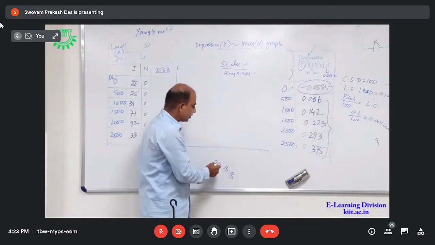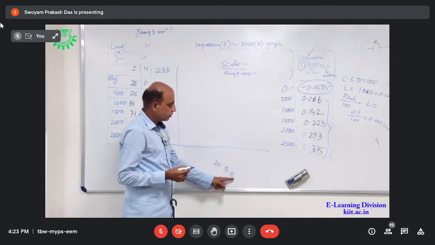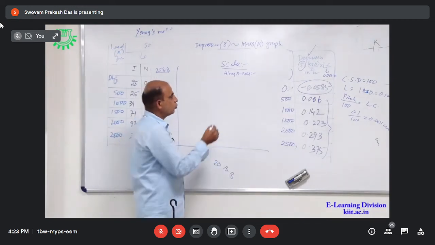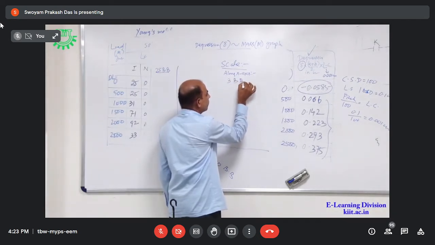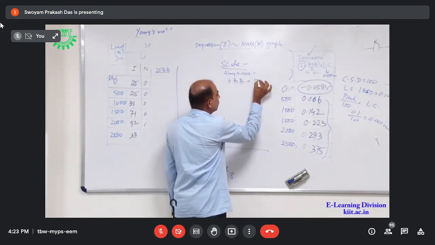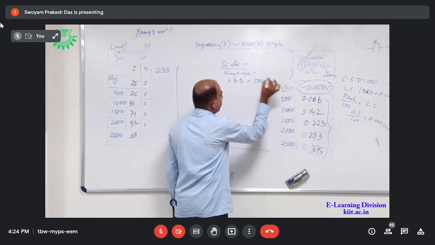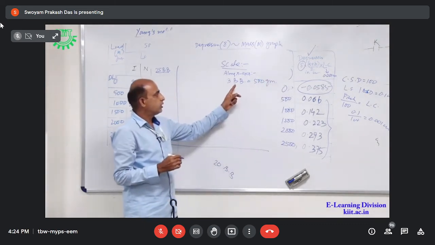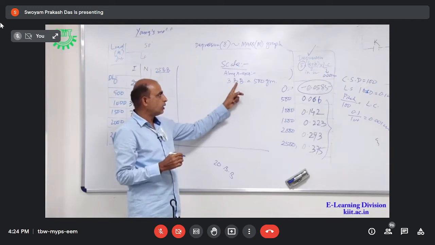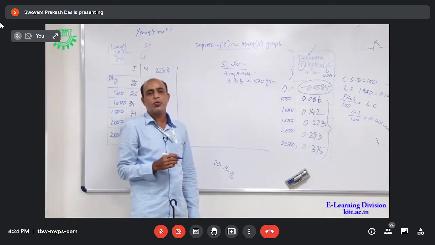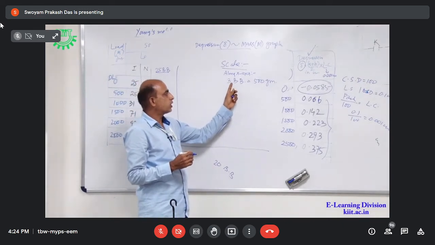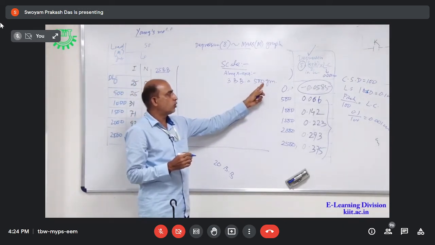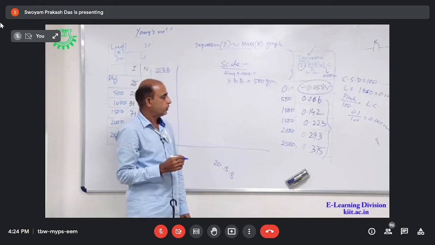As there are 20 big blocks present along the x-axis, we may choose 3 big blocks equal to 500 gram, or 30 small boxes, because in one big box there are 10 small scale divisions. That is why 30 small scale divisions is equal to 500 gram.